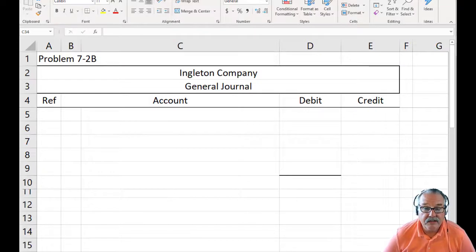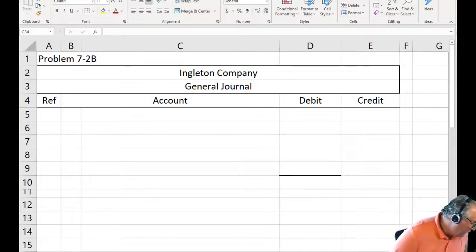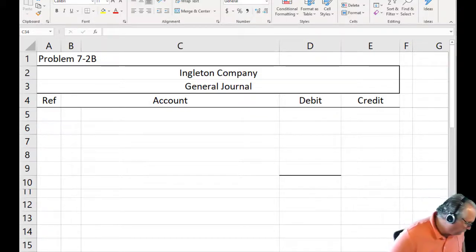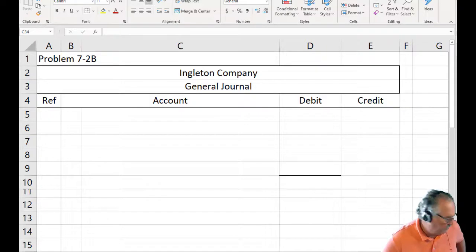And so to illustrate, I'm going to use problem 7-2b, and then we'll do 7-3b. 7-2b is on page 297 of your textbook. And what they have given us is some information, and they want us to do this 3 different ways.